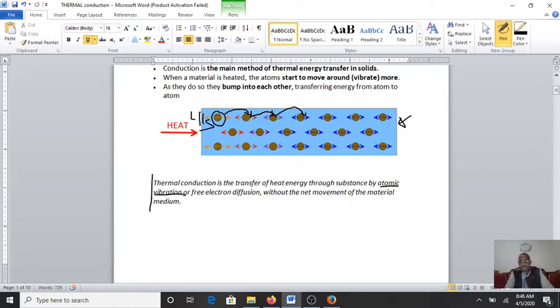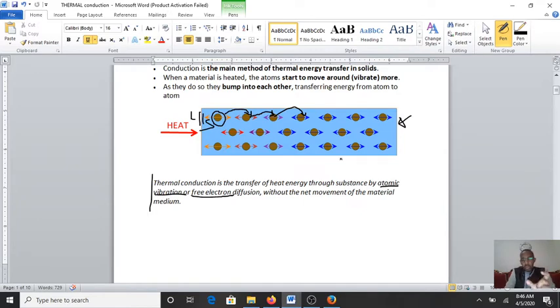I've explained that here. But you will find that some materials are better thermal conductors than others, especially metals, due to these free electrons. They speed up the process because they are free to move. So they speed up the process of conduction. We'll be discussing that later.